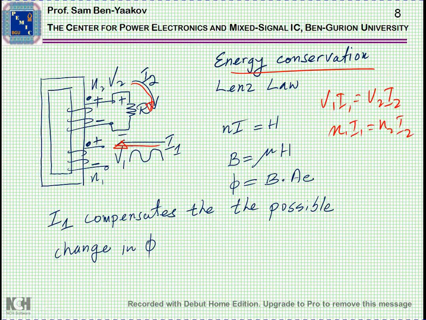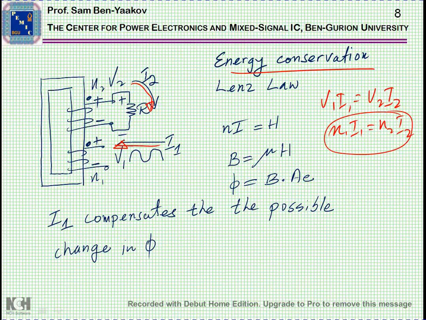Well, this explanation is really not very good because we do have cores with two windings or more in which this does not hold. So a better way to explain the case of a transformer is to say the following.